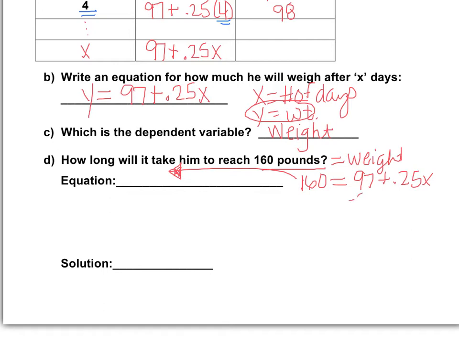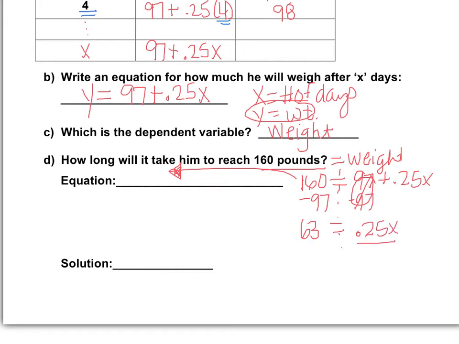You're going to subtract 97 from both sides. This is what we've been doing since day one. 160 minus 97 is 63. This gives you a zero pair, and it's equal to 0.25x.